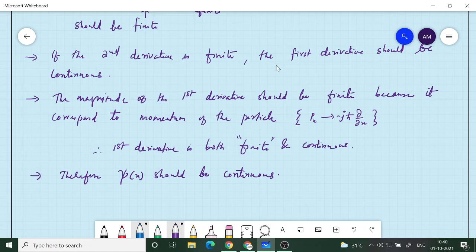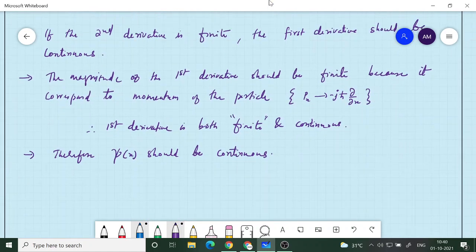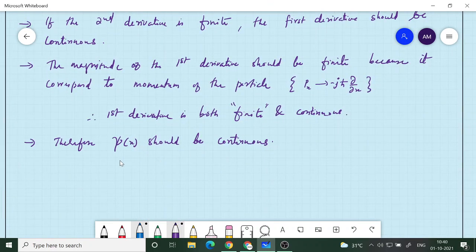So we have two conditions coming out. Number one: psi of 0 minus should be equal to psi of 0 plus.